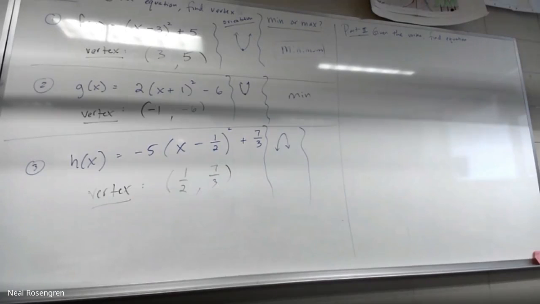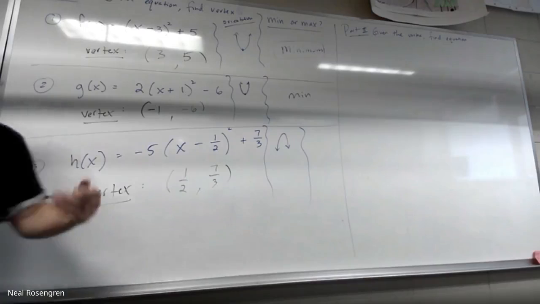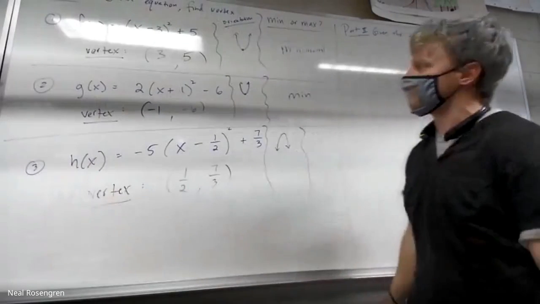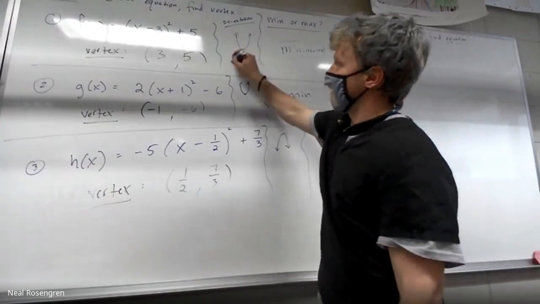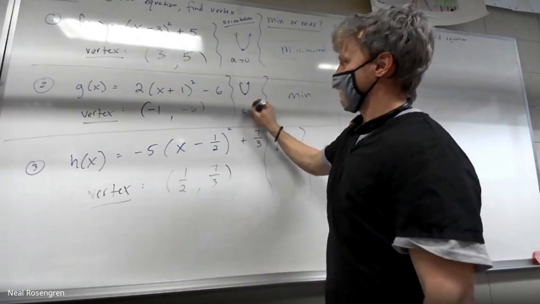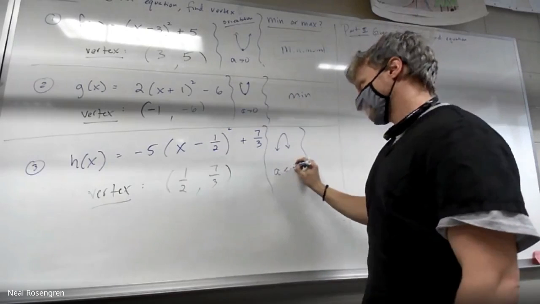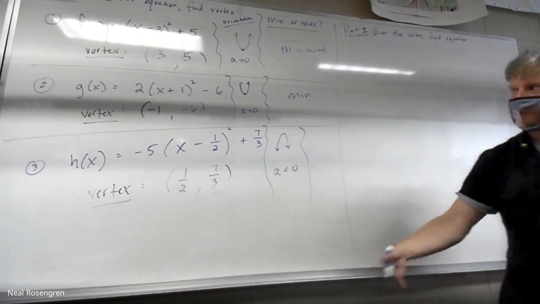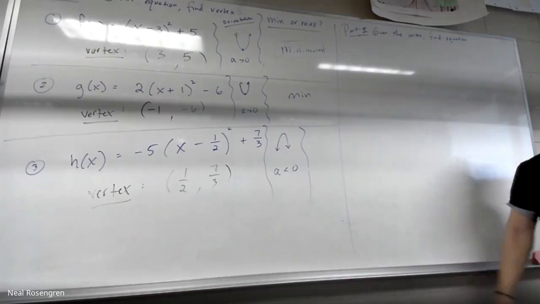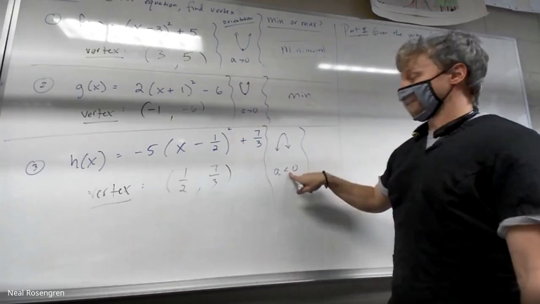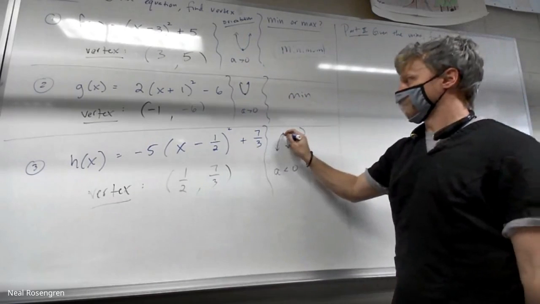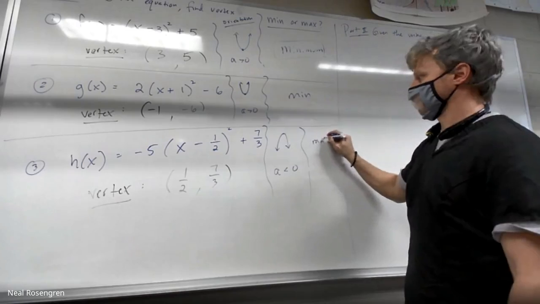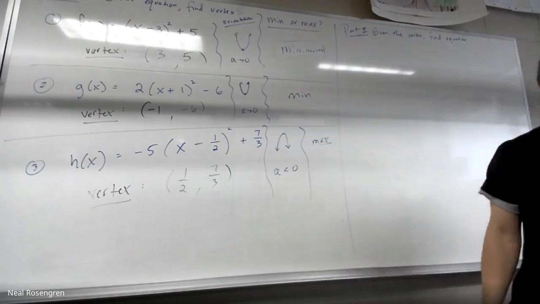Say it. A is negative. A, right? And just saying it like that. Oh, okay, the leading coefficient. Nice. A is negative, right? A is positive. A is positive. A is negative. I'm just going to use that greater than 0 versus less than 0. Right? Greater than, less than. So is this point a min or a max? Beautiful. Done. There you go.